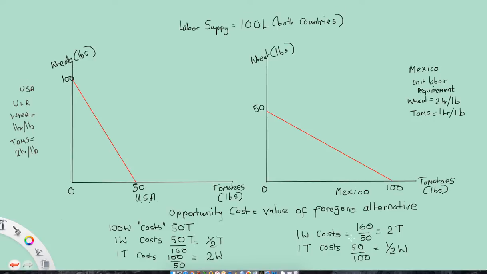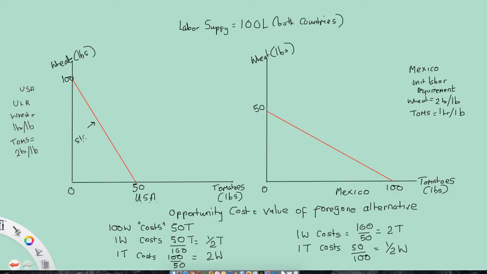And then the other thing I think it's worth mentioning is that if we calculate the slope of the PPC, it's of course rise over run, so let's take the whole thing. We've got negative 100 over 50 to find the slope of this PPC. Maybe I'll write it inside because we're going to need the outside in a minute.